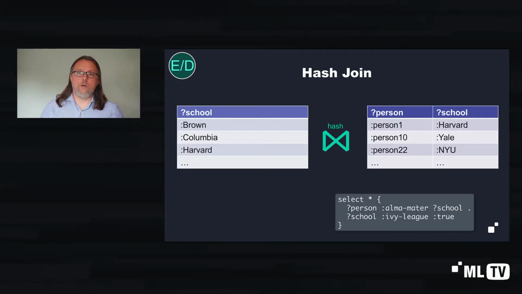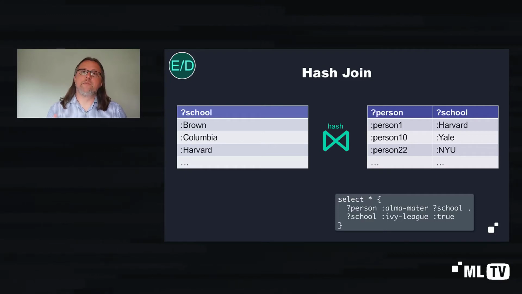So the most obvious join algorithm is a hash join, and that's something that a lot of people are familiar with. But let's just look at how the hash join works in MarkLogic. We have a convention in MarkLogic in the query plans that we output that the hash table is always made from the left-hand side of the join, the first operand in the join.